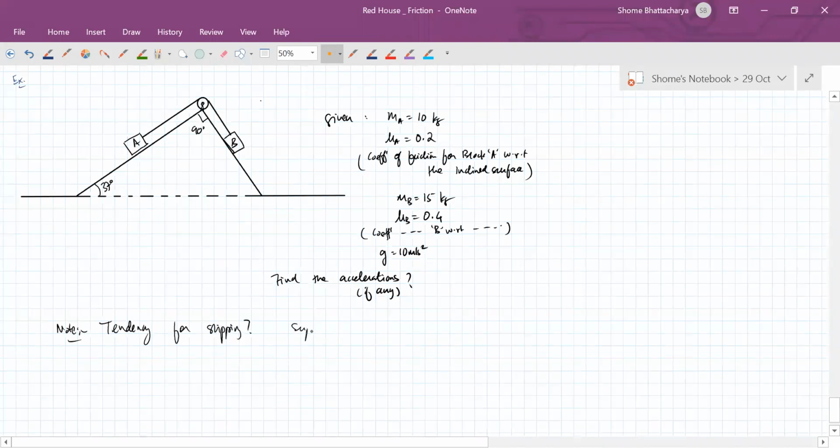So suppose the surfaces had been smooth. Then B would slide down and A would slide up the inclined plane.